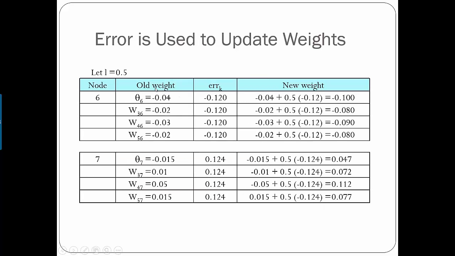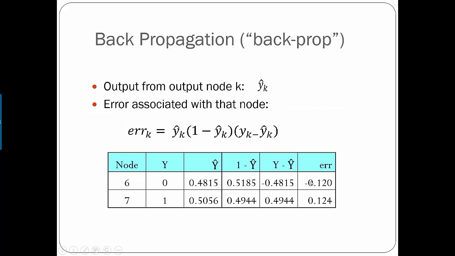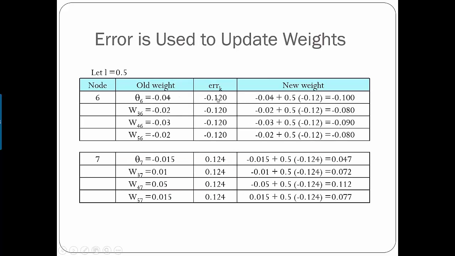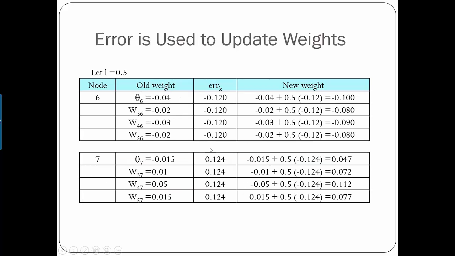So these are the old weights, and the error for 6 is minus 0.12, and error for 7 is 0.124. Then you multiply the error by the L value and add it to the old weight, and you get the new weight. So now we have new weights for nodes 6 and 7, and we have completed updating the weights for the outer layer.